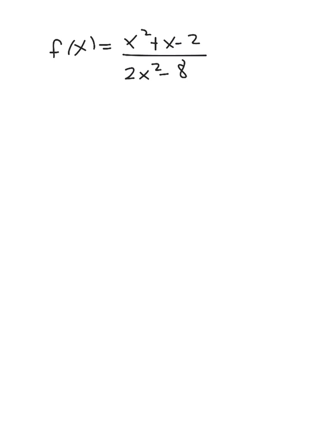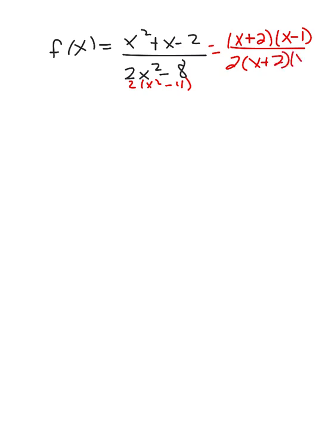I notice that I can factor the numerator and the denominator. The numerator factors and becomes (x plus 2)(x minus 1) over, and I could factor out the 2. When I factor out the 2, I'll be left with x squared minus 4, so I could factor that. So it's 2 times (x plus 2)(x minus 2).